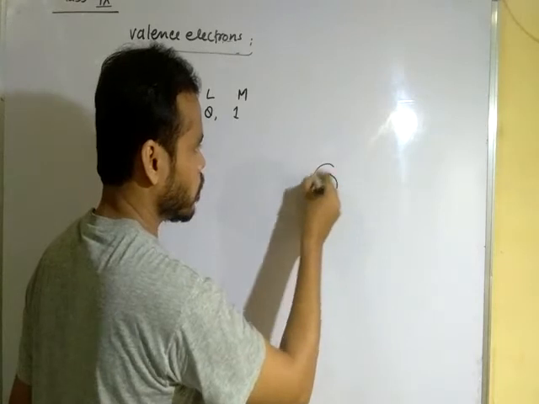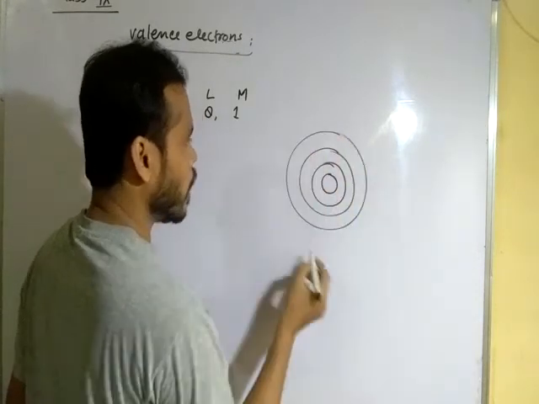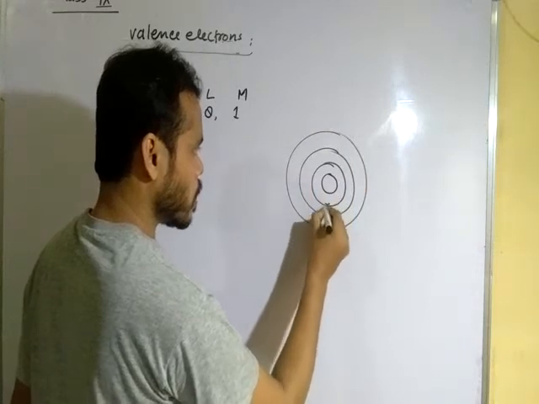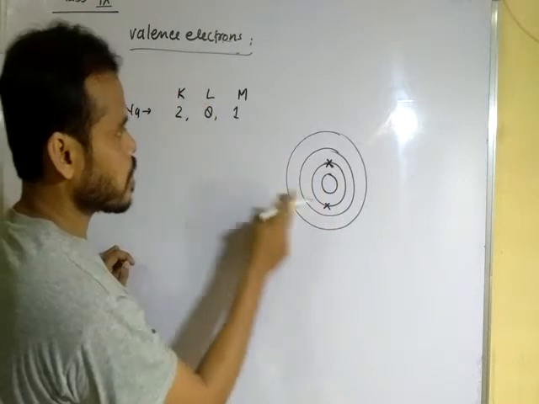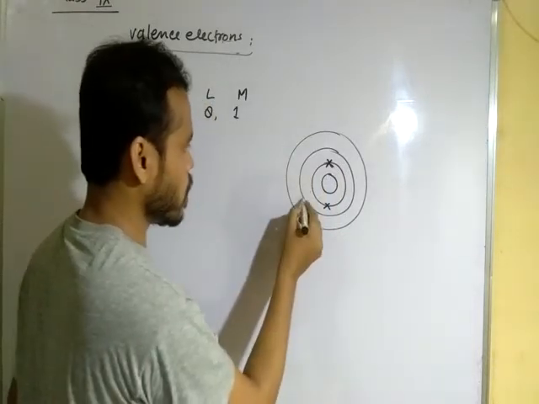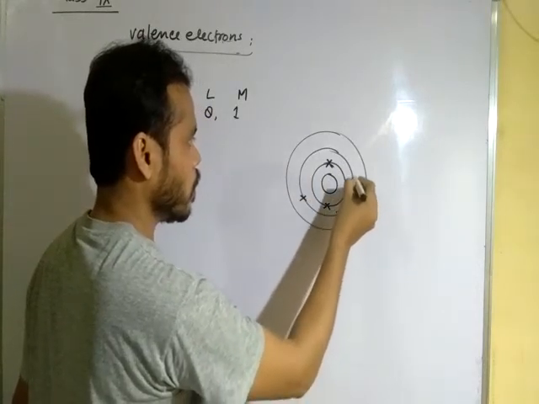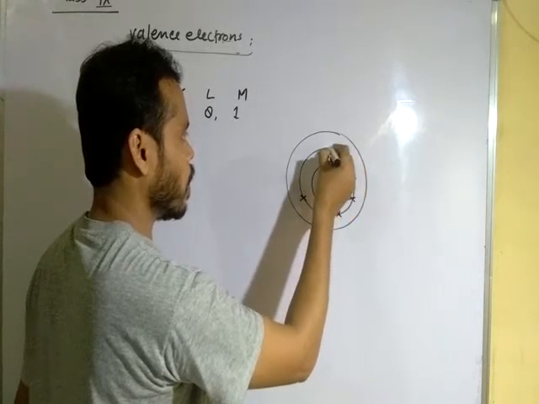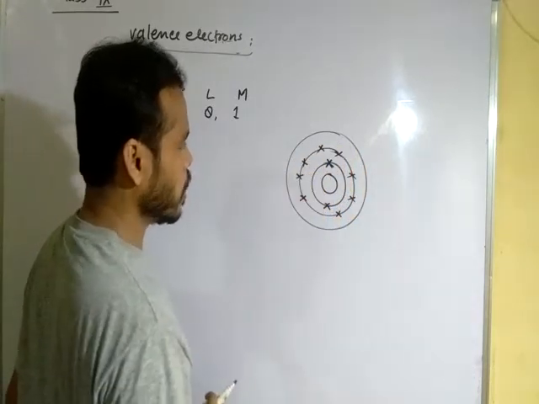In the L shell, 1, 2, 3, 4, 5, 6, 7, 8 electrons are present.